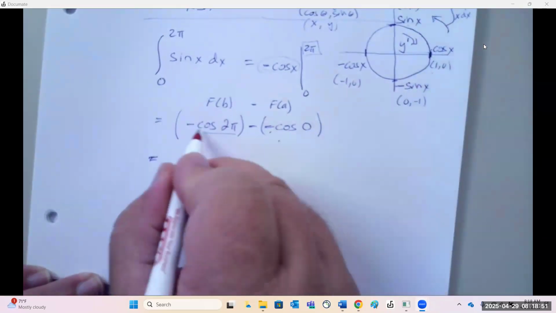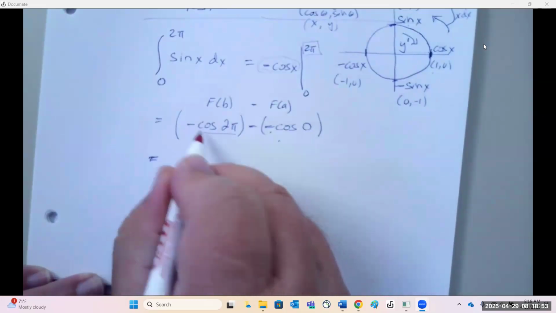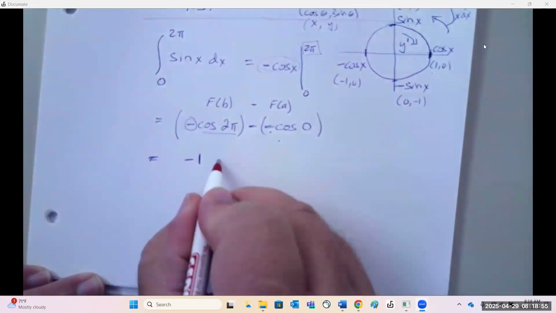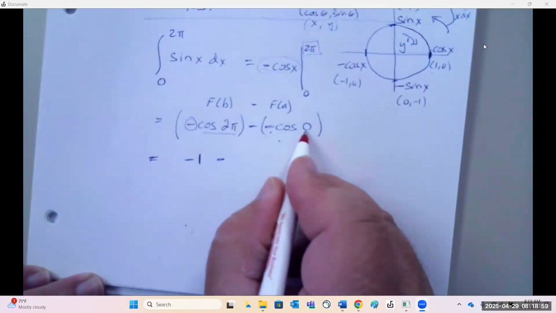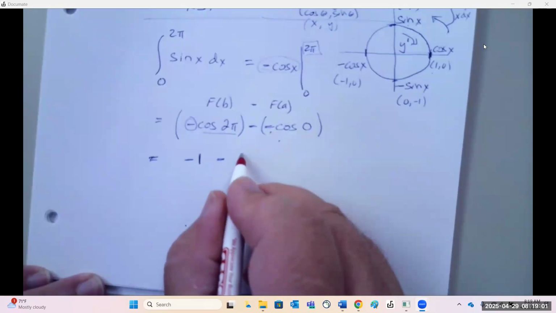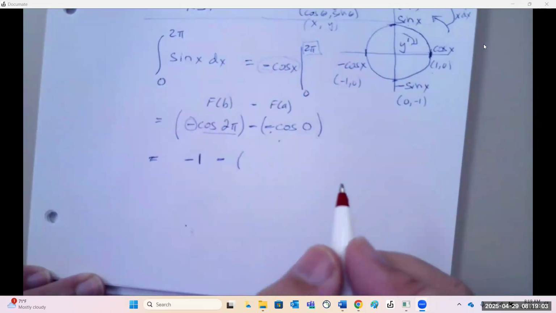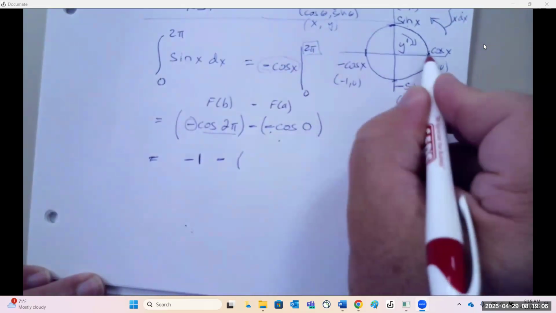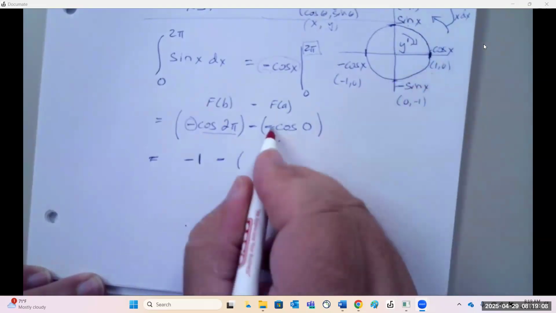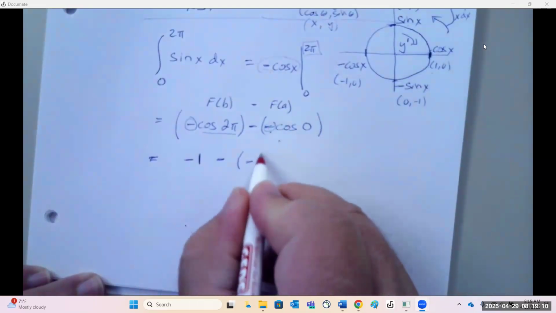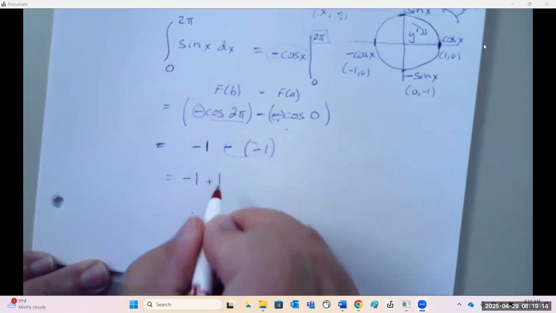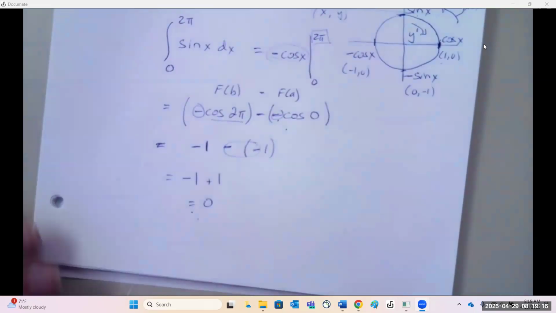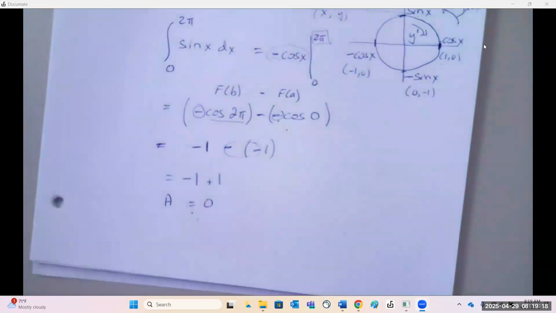Cosine's 1. So this one becomes negative 1 because it's a negative in front. Minus, what's the cosine of 0? Cosine of 0 is the same as 2 pi. It's 1, so it's negative 1 again. So we have negative 1 plus 1 equals 0. The area between those is 0.